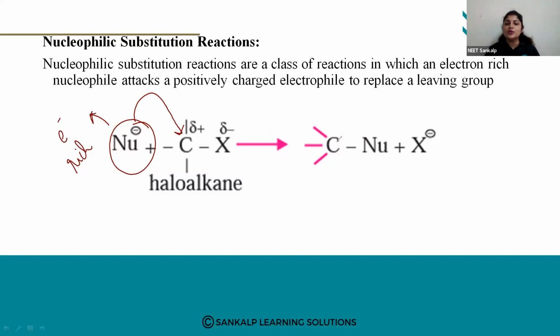Here you can see this is the product, C-Nu plus X minus. So X will leave as a leaving group. So this is a nucleophilic substitution reaction. Always the electron-rich nucleophile will attack a positively charged electrophile to replace a leaving group. So these are nucleophilic substitution reactions.